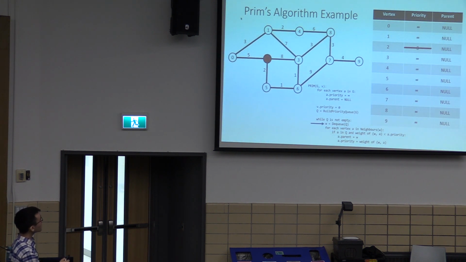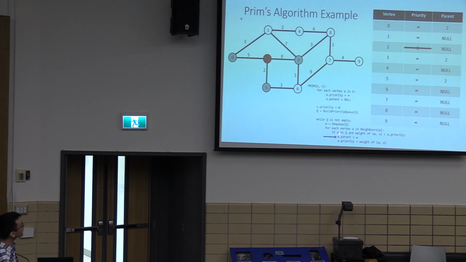Next step, we're going to dequeue this 2. I'm just going to cross it right off. I'm going to dequeue it, and now 2 is our w here. Now I'm going to look at each of the neighbors of 2, so 3, 5, and 0. What am I going to do?